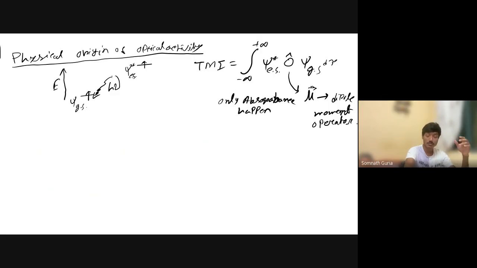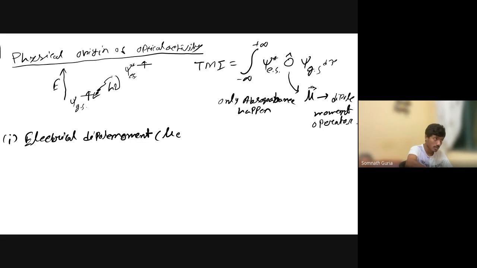This dipole moment is associated with different kinds of dipole moments present in the molecule. One kind is the electrical dipole moment, which is denoted by mu e.